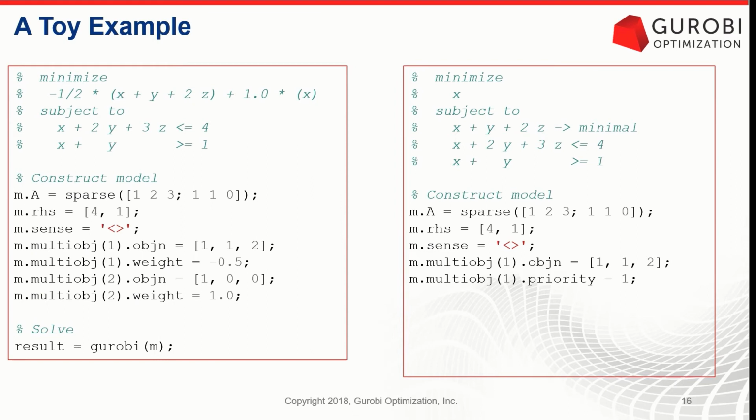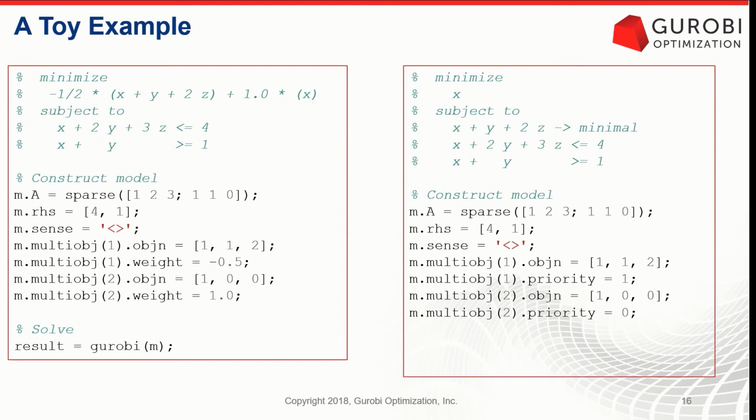This priority gives the importance in the hierarchy level. The higher the priority, the more important it is. Now, for the second objective, we define the objective coefficients as usual, but here we now set the priority to 0, which means it's less important than the first objective function.